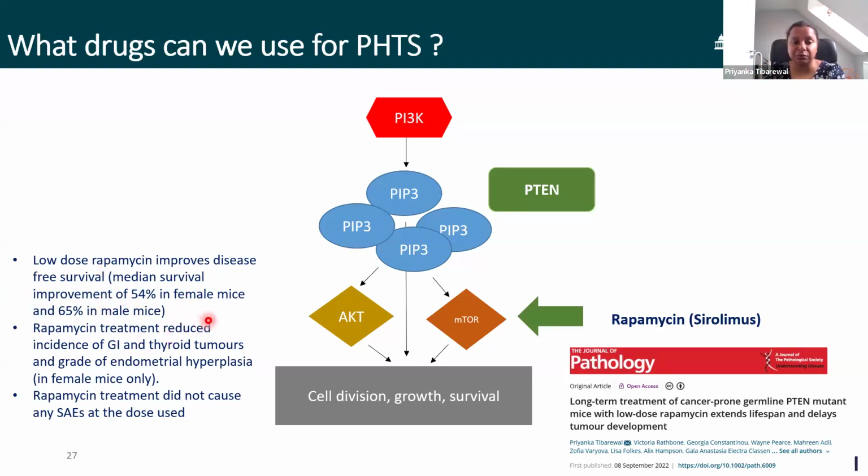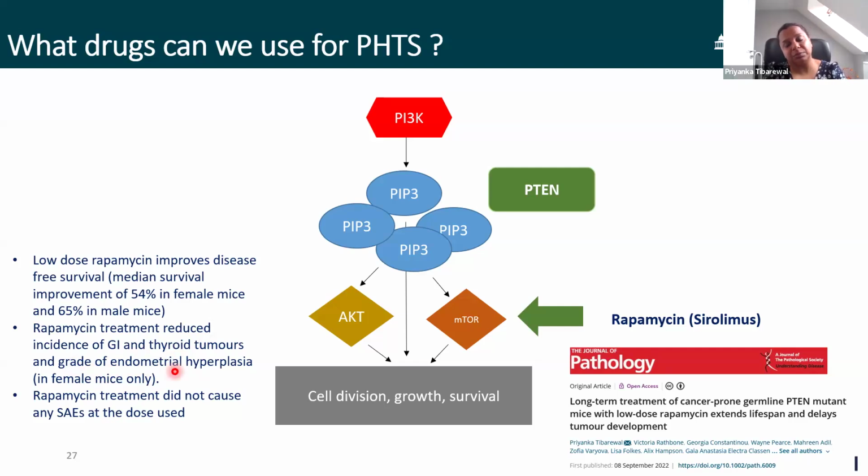And then we looked at the different tumors, and we found that with rapamycin treatment, we had a reduced incidence of the GI tumors, thyroid tumors, and it significantly reduced the grade of the endometrial tumors. The endometrial tumors did happen in all the mice, but the grade of the tumor, the severity of the tumor, was much lower in the treated group.